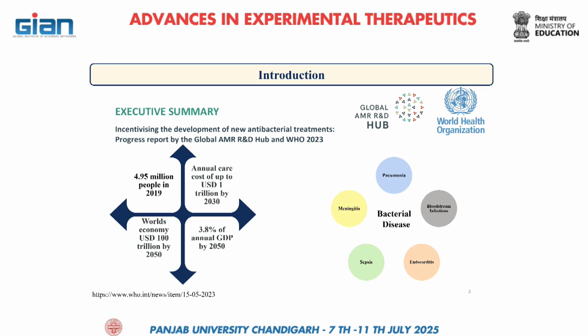Multi-drug resistant bacteria, or AMR, antimicrobial resistance, is a great concern of today's scientific community. 4.95 million people in 2019 were affected by this type of MDR bacteria.